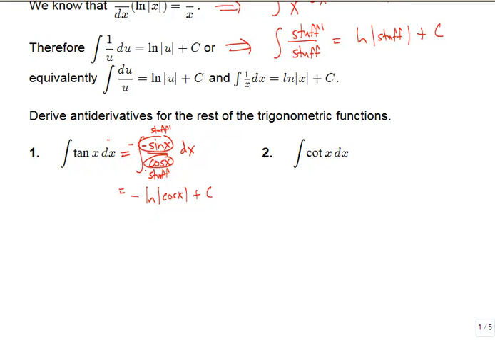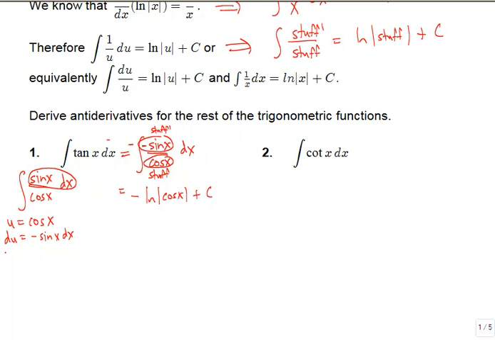So this is a real simple way to get your answer. If you want to be a little bit more fancy about it, if you're not comfortable with this stuff prime over stuff, there is another alternative. You could use a u-substitution. So you could think of tangent of x as sine x over cosine x dx. And if you let u be that denominator, then du, the derivative of cosine, is a minus sine x dx. And I have a sine x dx right here, but I don't have that negative.